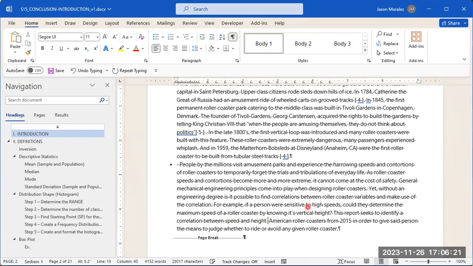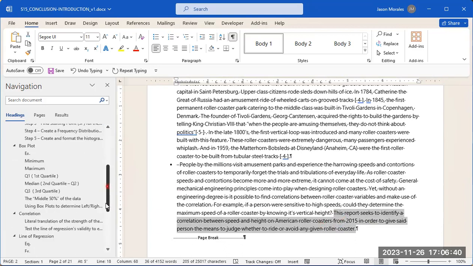It should be on American roller coasters from 2015 in order to give said person the means to judge whether to ride or avoid any given roller coaster. So this last line is kind of what this report is about.